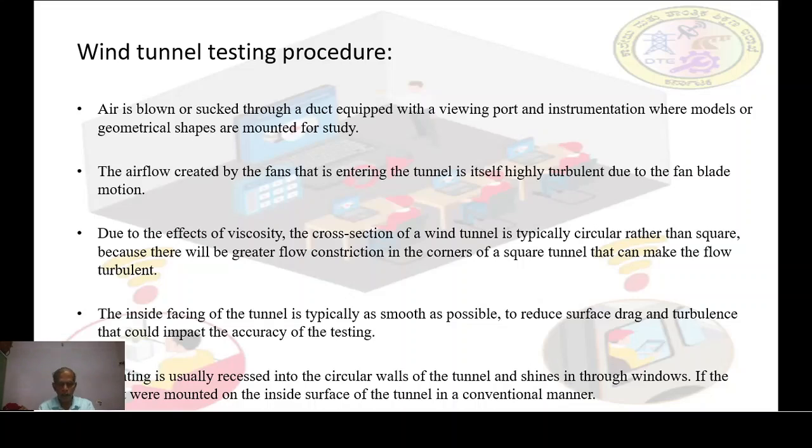Various techniques are used to study the actual airflow around the geometry and compare it with theoretical results, which must also take into account the Reynolds number and Mach number for the regime of operation.